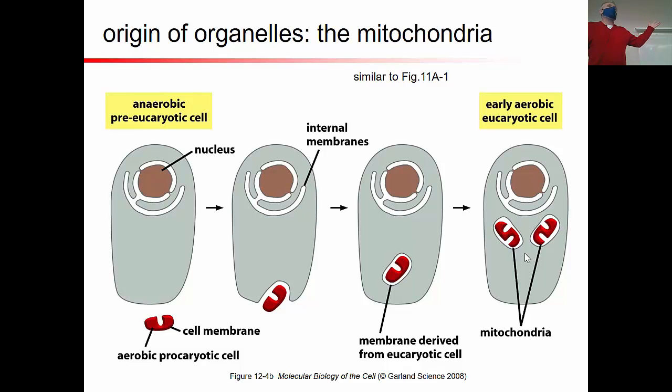And here we can see the mitochondria is taken up forming this endosymbiotic relationship, which allows this new cell to produce a whole lot of ATP. And we didn't show the example of it, but chloroplasts likewise were thought to have been taken up by an ancient eukaryote. And chloroplasts have the ability to photosynthesize, so to take light and to produce ATP from that.